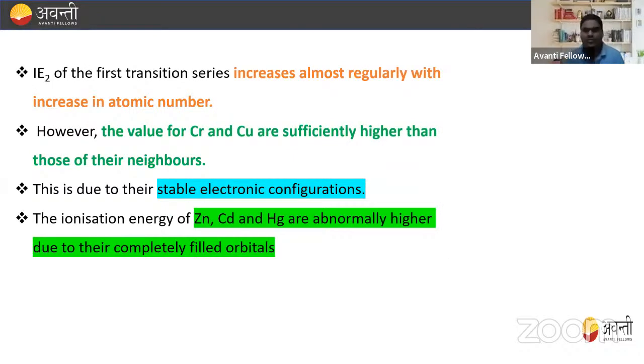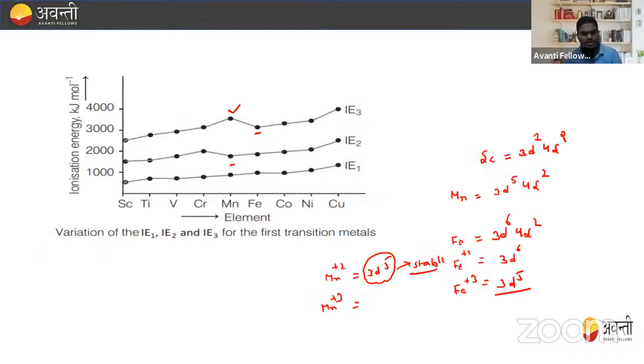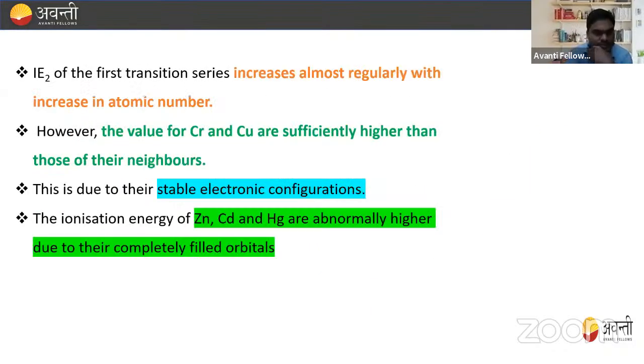However, the values for chromium and copper are sufficiently higher than those of their neighbors, right? Chromium and copper have values slightly greater than those of the neighboring atoms. This is due to the stable electronic configuration, and the ionization energies of zinc, cadmium, and mercury are abnormally higher due to their completely filled orbitals.